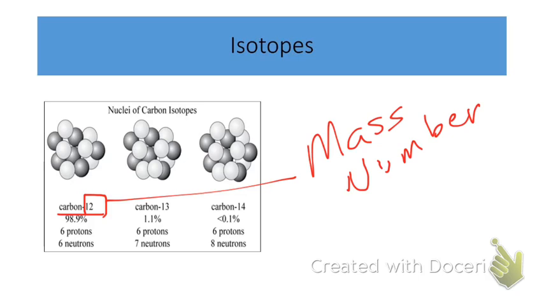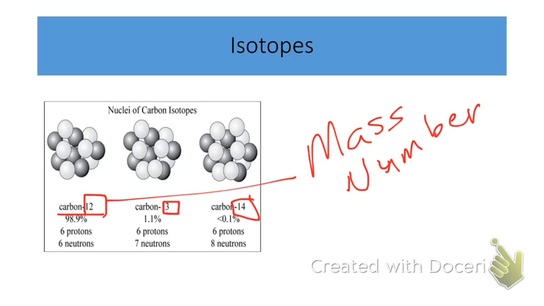That's the mass number of our atom. All right? And so carbon-13 has a different mass number. Its mass number is 13, and carbon-14 has a mass number of 14. So remember, what is the mass number? Well, it is the total number of protons and neutrons added together.